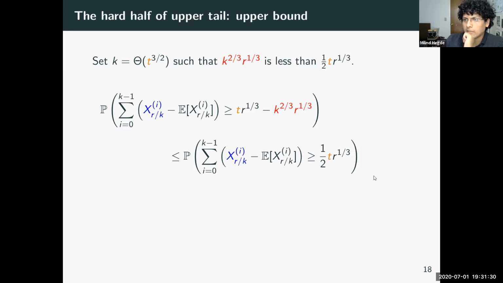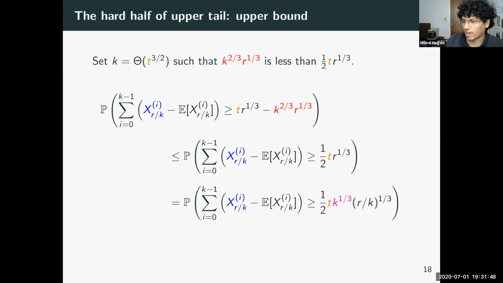Okay, so this is a sum of independent mean 0 random variables. But notice that the scale on which this fluctuates is not r to the 1/3, but r over k to the 1/3. Right? This is r to the 1/3, so we need to make it of scale r by k to the 1/3. And so for that, we multiply and divide by this k to the 1/3.